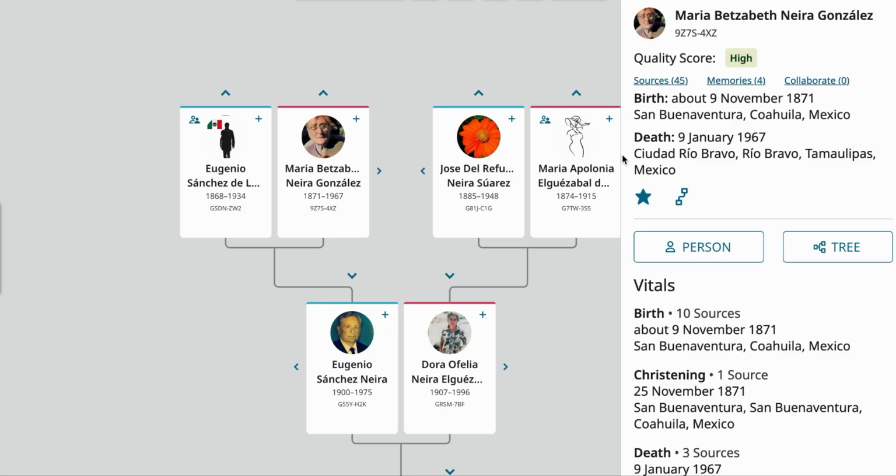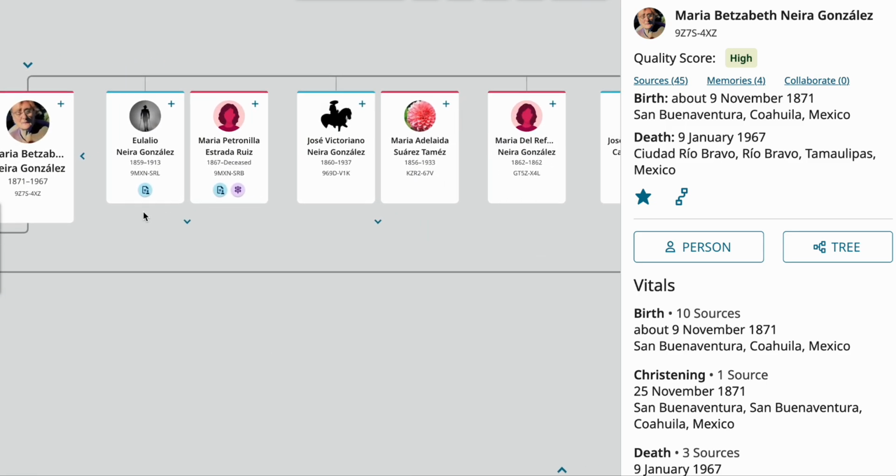But just to add a little bit more interesting ideology over this, I do have one image from one of her brothers, and he was a very prominent man in the 1910s, 20s. I am also a direct descendant of Jose Victoriano Neira Gonzalez.